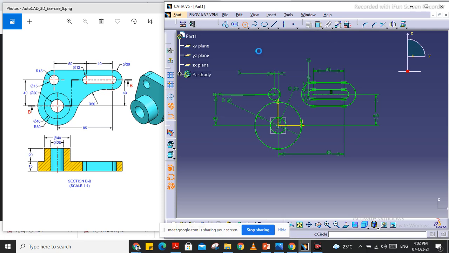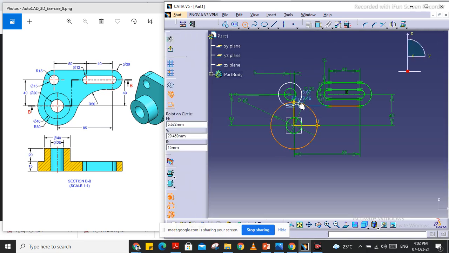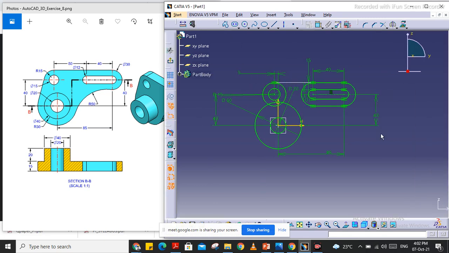Once again I need to draw another circle over here. Yes, it should be made over here. Now I am drawing one line tangent to these two.